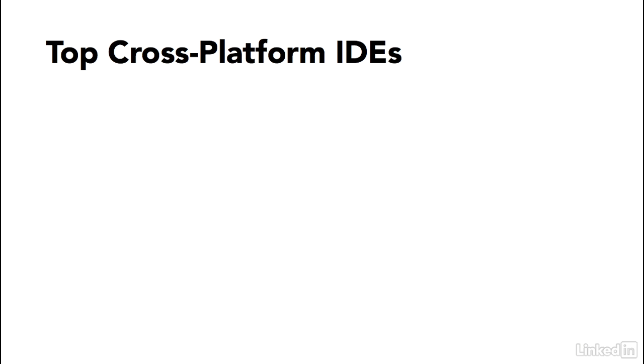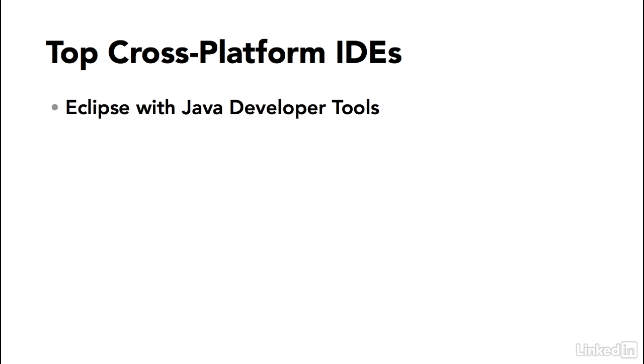Many developers use Eclipse with a plugin called the Java Development Tools, or JDT. When you go to the Eclipse Foundation at eclipse.org, you can download Eclipse distributions that are specifically for Java developers. There's one that's generically for Java, and one that's for Java EE.